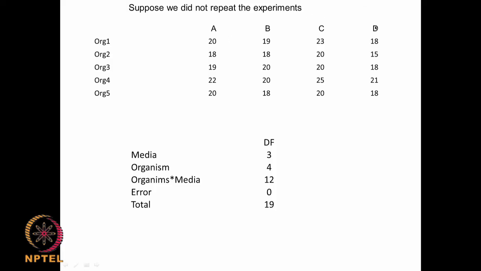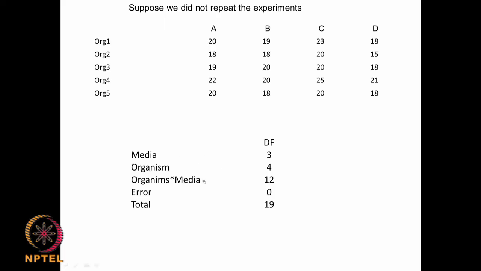Media has 3, organism has 4, and organism into media is 4 into 3, 12. Twelve plus 4 plus 3 is 19, so error becomes 0 degrees of freedom. That means I cannot estimate error.